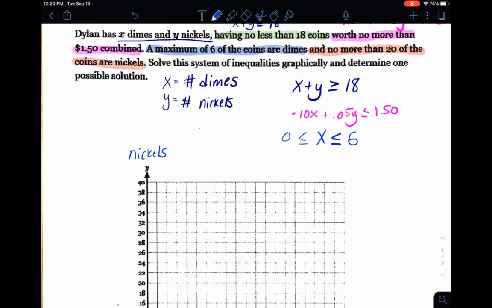Okay, last part here says, and no more than 20 of the coins are nickels. So what are we going to write for our inequality here? Okay, less than or equal to 20.